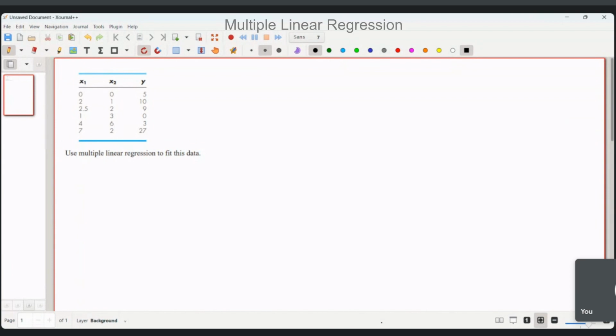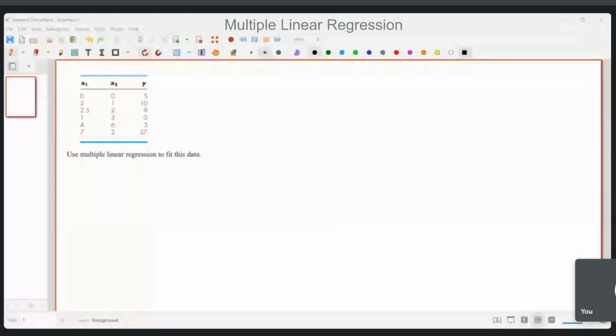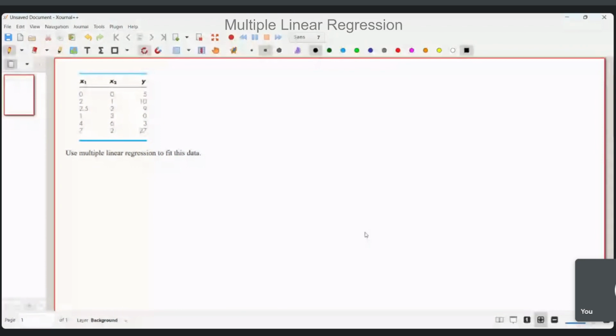So from here, we need to use the multiple linear regression to fit this data, class. And our output must be in the form of the equation y equals a sub 0 plus a sub 1 x1 plus a sub 2 x2 plus e.